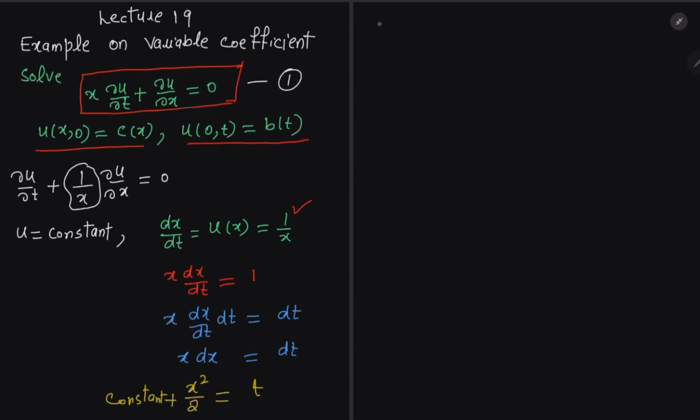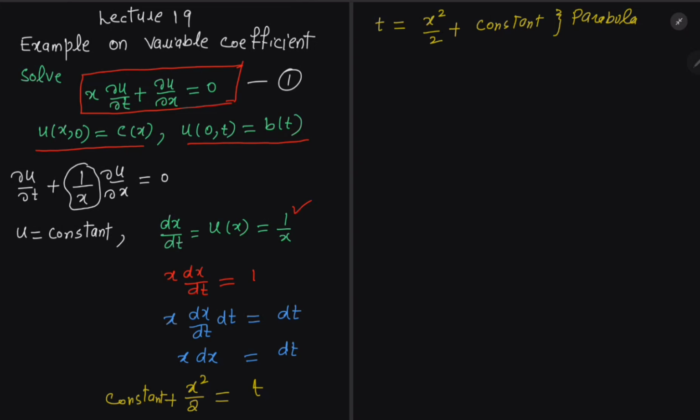So t will be equal to x squared by 2 plus a constant. These are the characteristics, and these characteristics are parabolas. As you can see, this is a parabola. We will talk about that very soon.